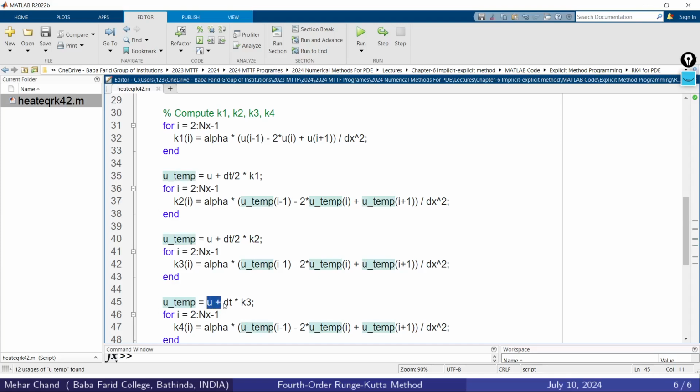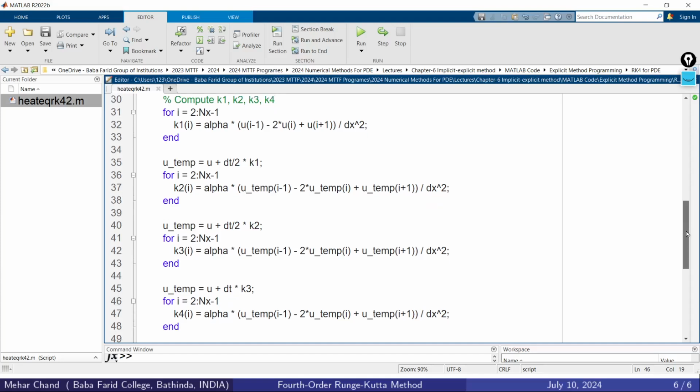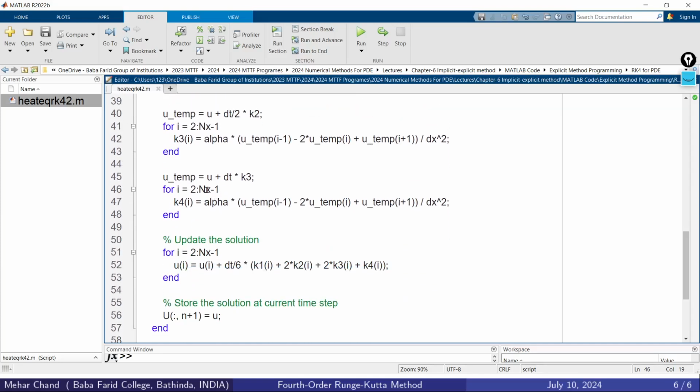Again we will update u temp. This will be u plus dt K3, and by using this new value we can compute the value of K4, and it will be stored at this place. Then after computing K1, K2, K3, K4, we have to update the solution. For i equal to 2 to nx minus 1, u i will be equal to, this is the unknown value and all these are known values.